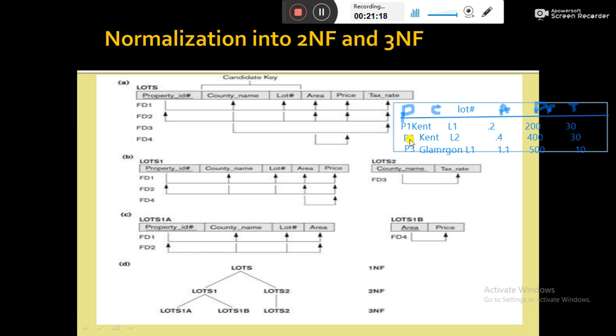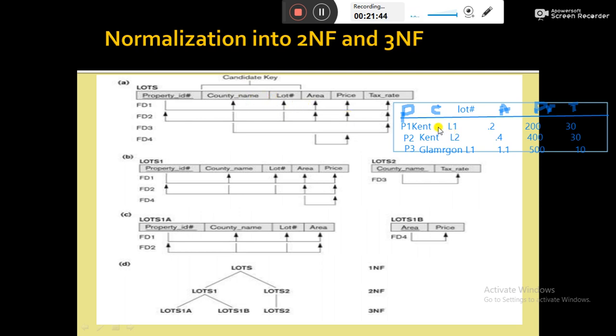The next record, property ID is P2, as per the constraint assigned on the relation. Property ID is the primary key, so for the next record, property ID should be unique. So property ID P2, county name is Kent. Now lot number L2, as this is the candidate key, so lot number is unique.